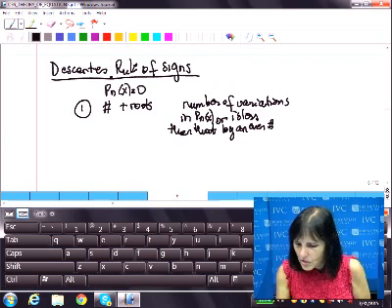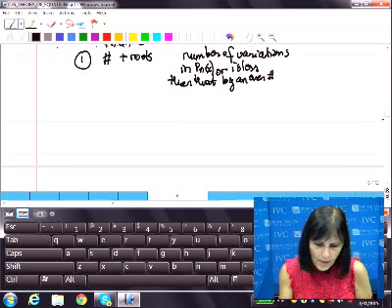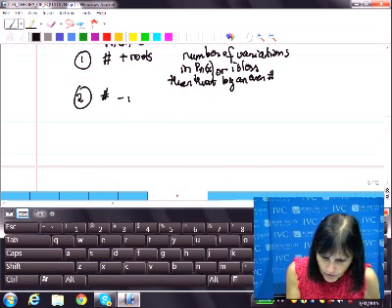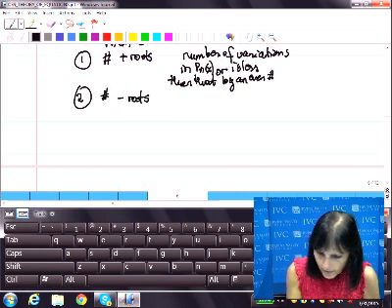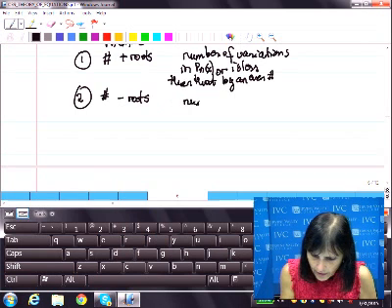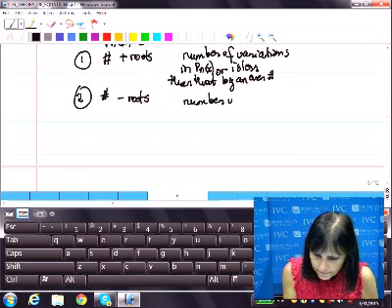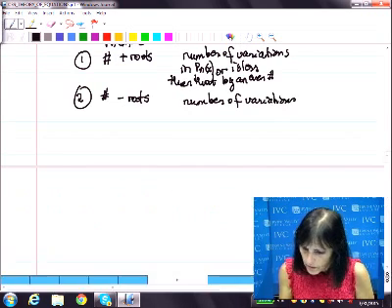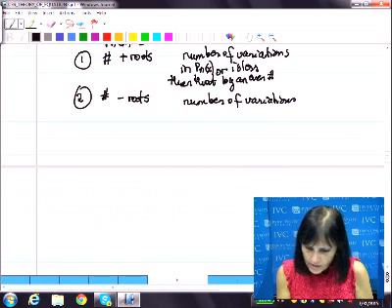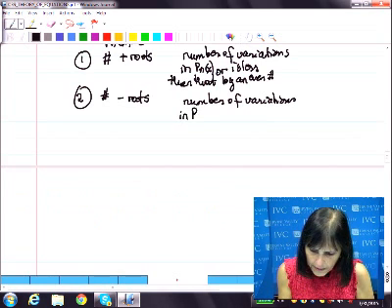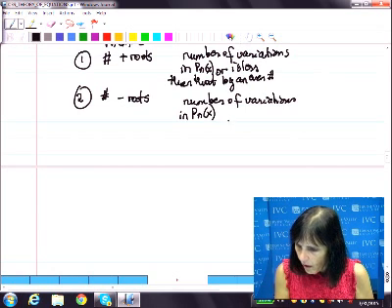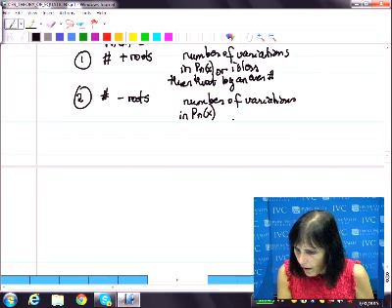What does that mean? I'll just tell you in a minute with an example. Number of negative roots, on the other hand, you're going to look at the number of variations again. Number of variations in P, all right?